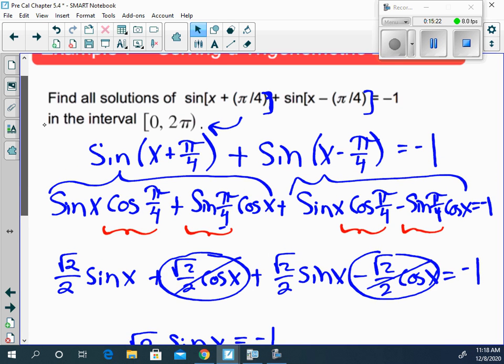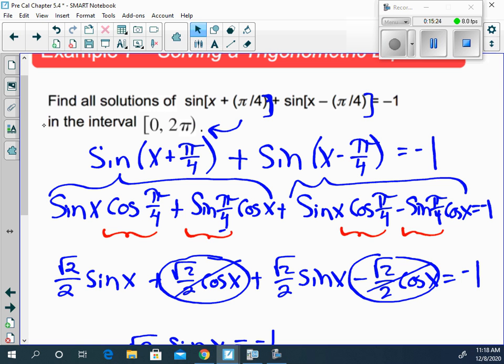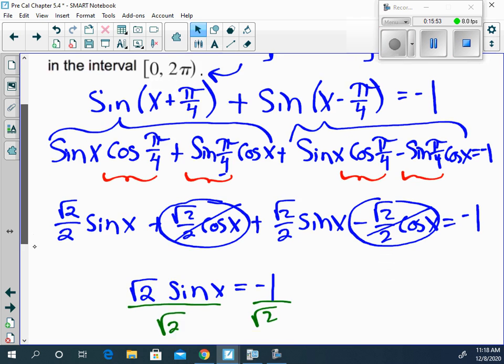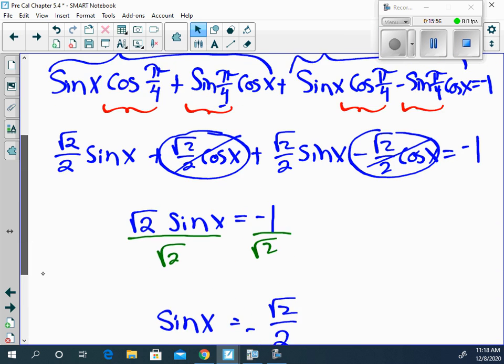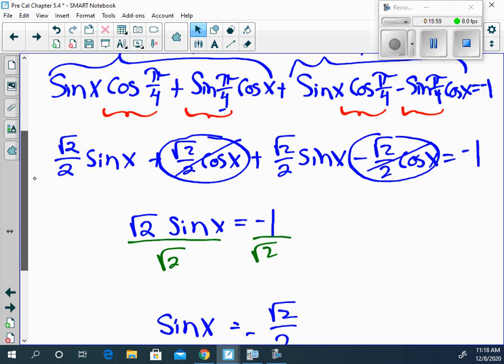Notice 2 pi is not included, because 0 and 2 pi have the same value. Sine of 0 and sine of 2 pi are both 0, and cosine of 0 and cosine of 2 pi are both 1. We can only have one of those. So we got 7 pi over 4 and 5 pi over 4.